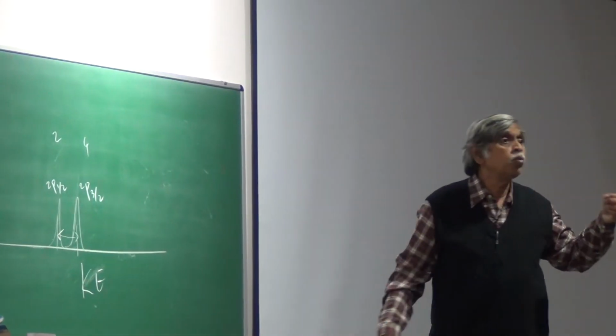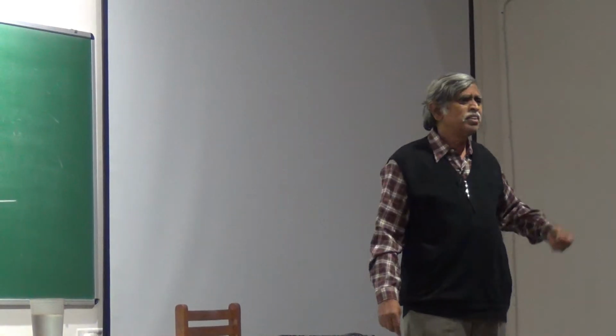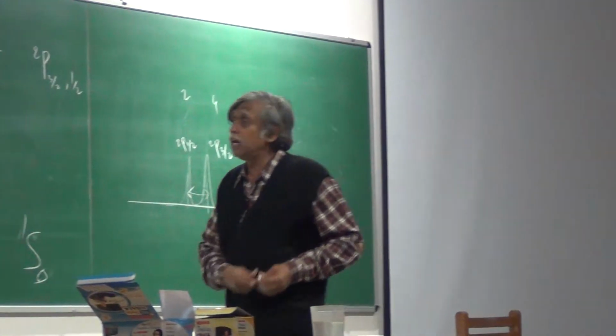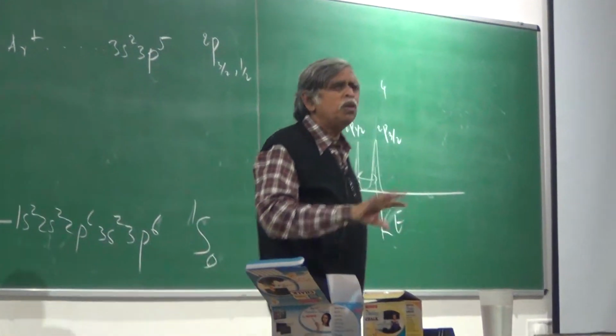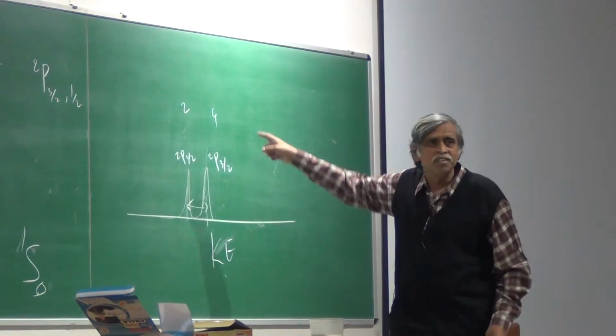And the degeneracy corresponding to J equals half is actually 2. And therefore, I'm likely to see a greater population here than over here. And in what ratio? Approximately 1:2. Because that's what it is.